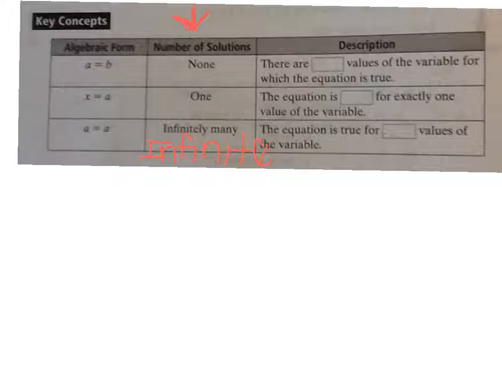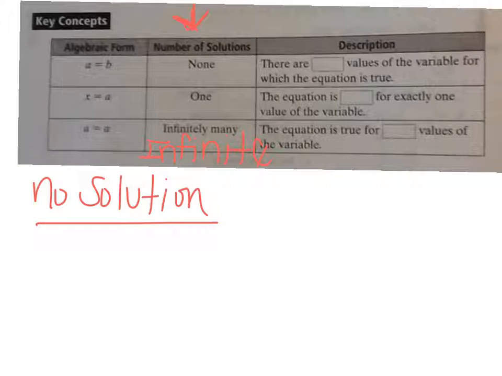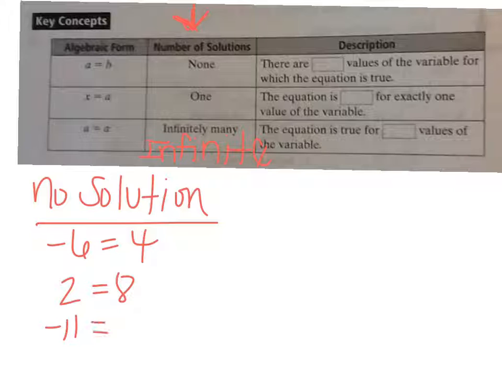Okay, so for no solutions, it's like A equals B. So for no solution, you're going to have different numbers, and they're going to equal another number. It doesn't matter if they're positive or negative. -6 equals 4, 2 equals 8, -11 equals -19.